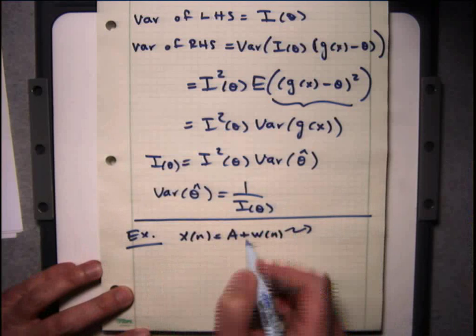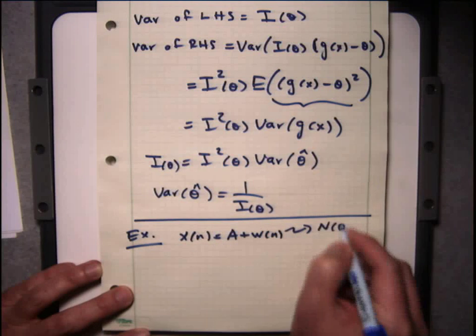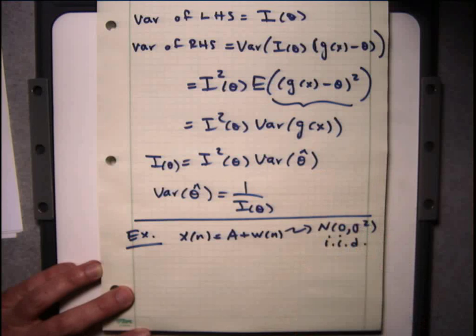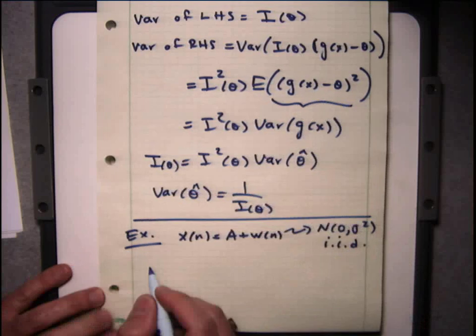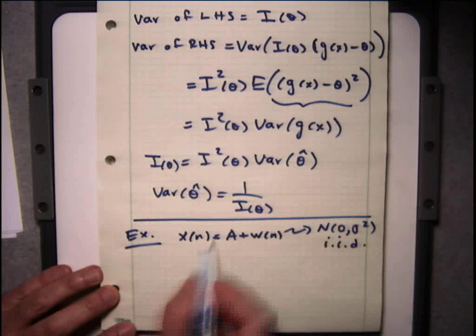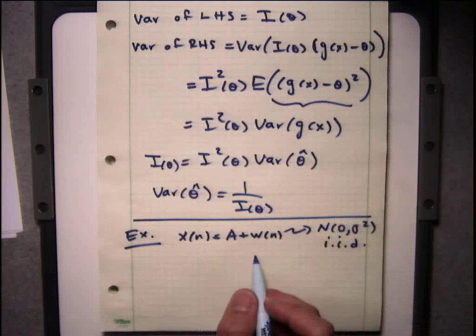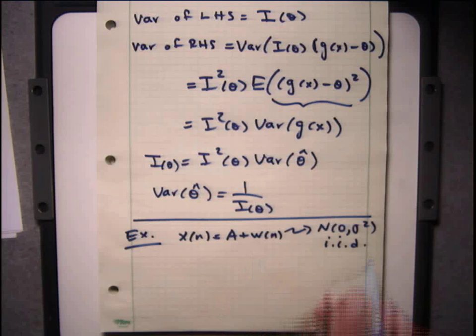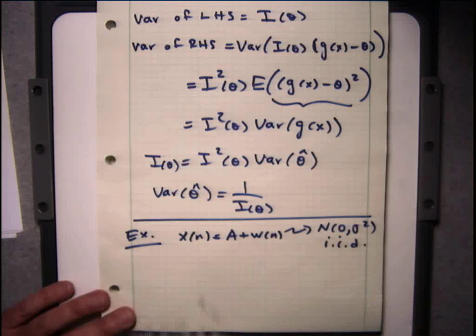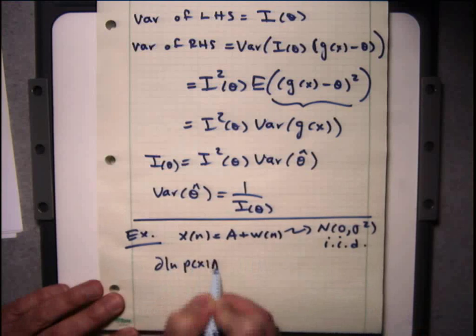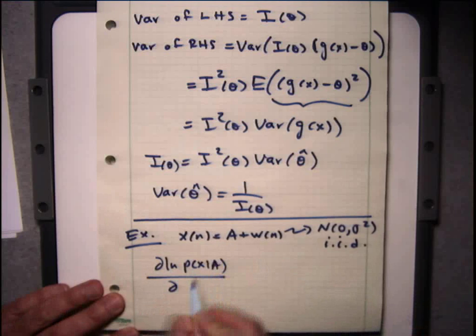A is unknown, w is normal, zero mean, variance sigma squared, and it's IID. Okay? So the distribution of x of n is a Gaussian. If you have n IID samples from the same density, then the joint distribution is the product of the individual distributions. So I'm not going to go through all those details. We've done those many times up to now. So I'm just going to write this.